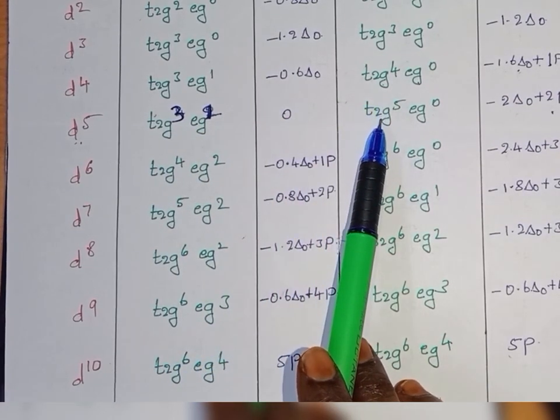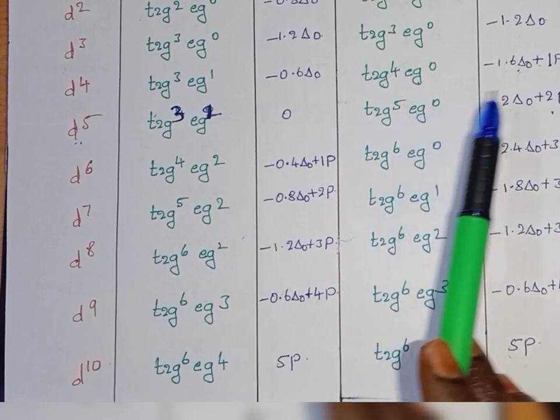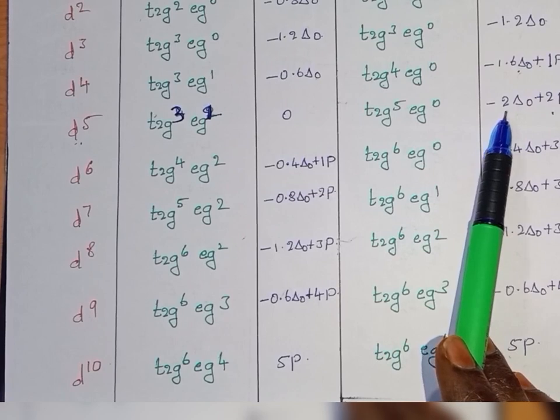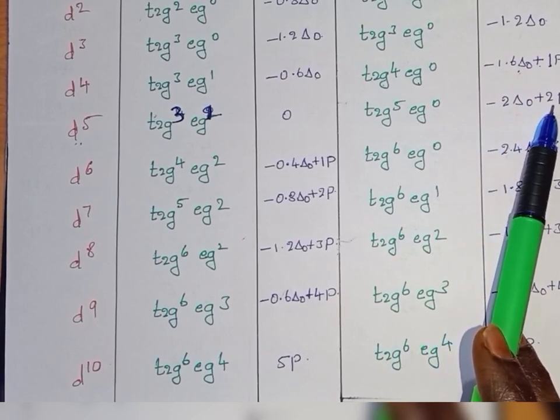For strong field, t2g5 eg0, and the CFSE is minus 2 Δo plus 2 electron pairs, 2P.